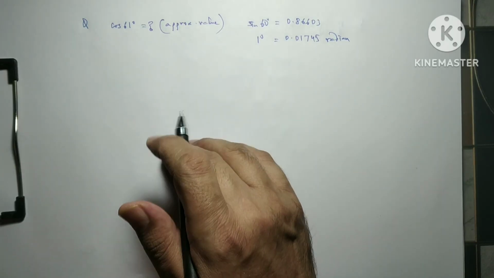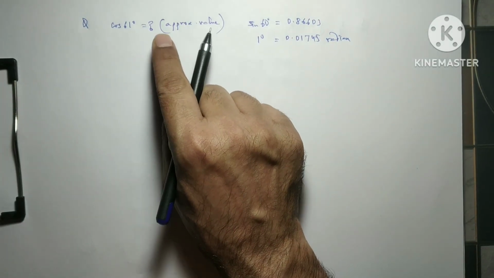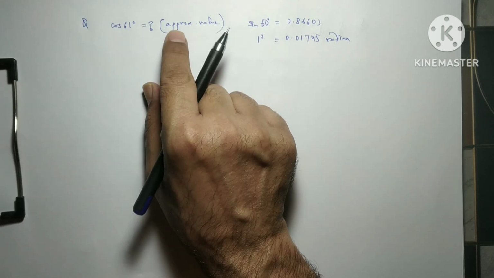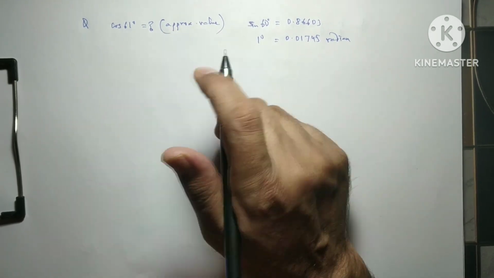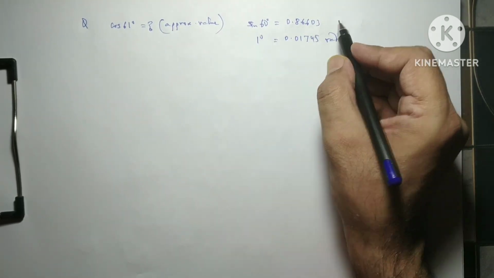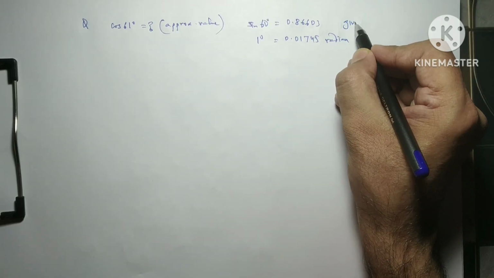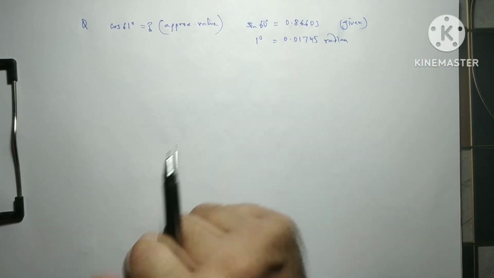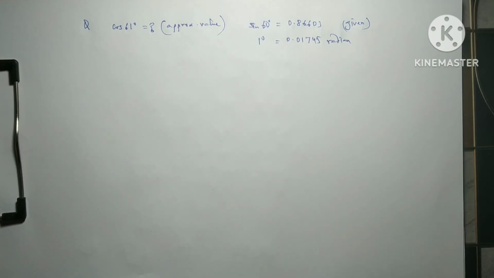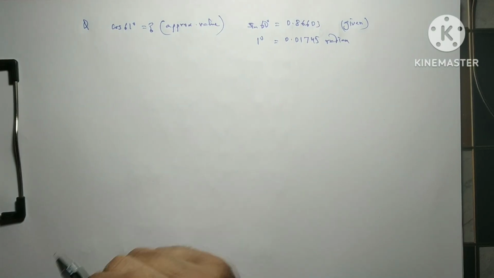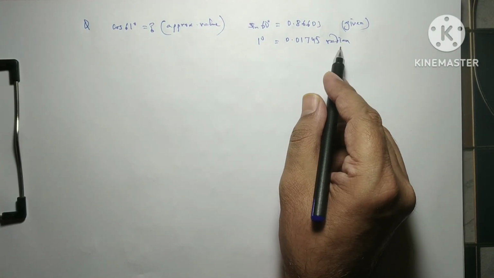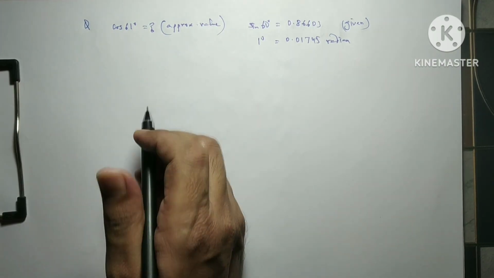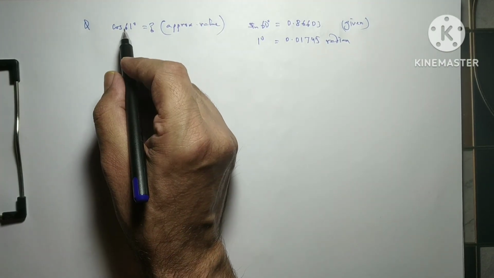So this is the question. You want to collect the approximate value of cos 61 degree, and the given value is sin 60 degree, it is 0.86603, and the 1 degree is 0.01745 radian.